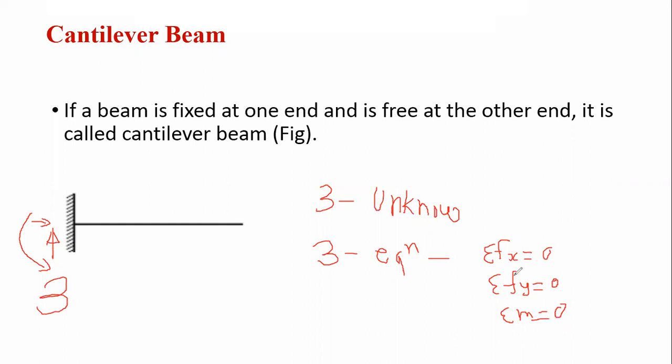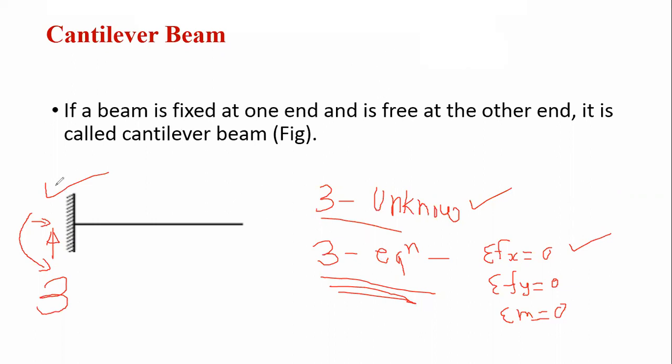In mathematics, as we know, if there are three unknowns, we need to solve the problem using three equations. It means that for the cantilever beam there are three unknowns and we have three equilibrium equations, so the problem will be solved. These three unknowns we can easily find using these three equations. That's why this beam is called a determinate beam.